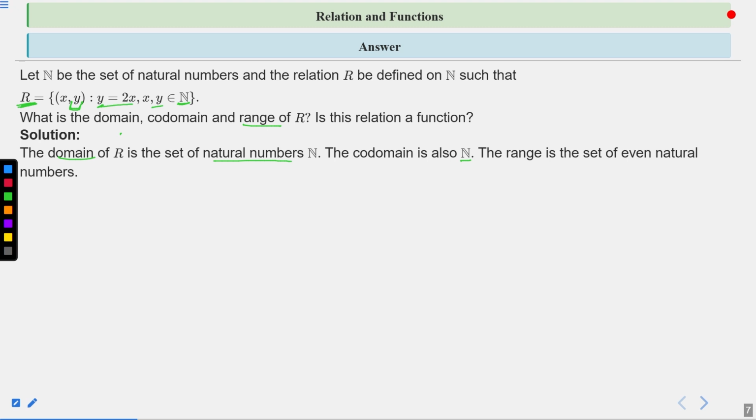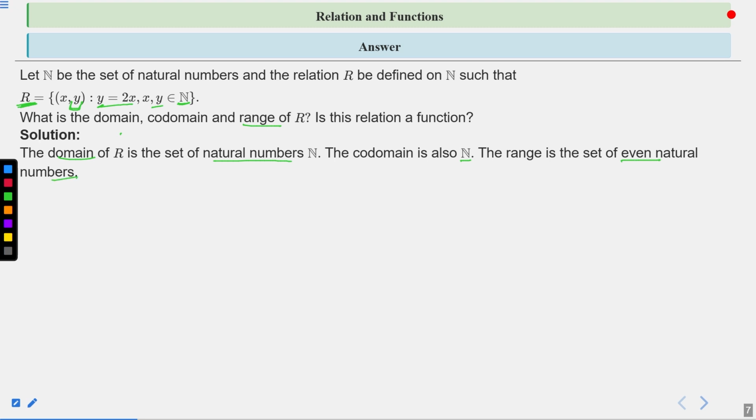And x belongs to the set of naturals, so twice of some natural number. So you will get twice of some natural, meaning an even natural number. So the range will be simply the set of even natural numbers.